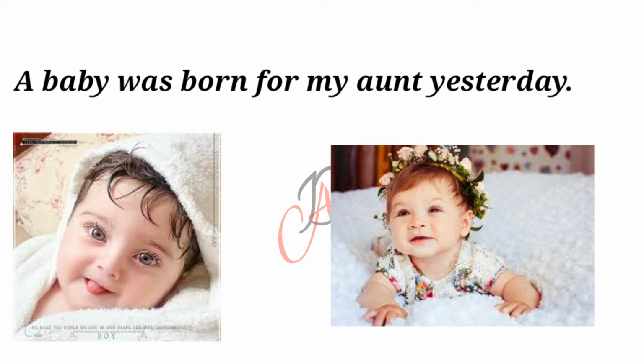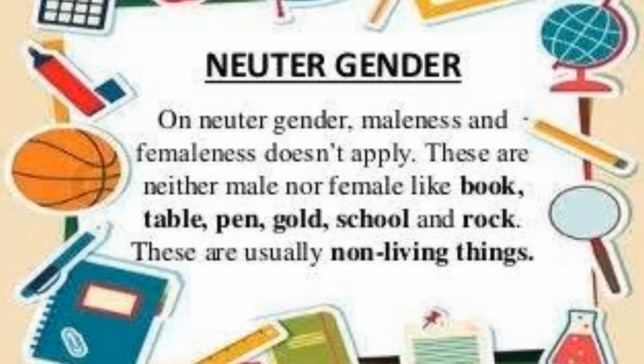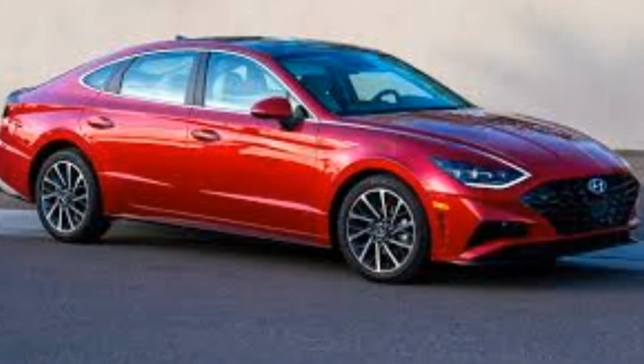Okay, let's move on to the last gender, that is neuter gender. A noun is said to be in the neuter gender if it refers to a member which is neither a male nor a female, that is, lifeless objects. Examples: pen, book, board, bike, car, and so on. Let's understand it in detail. I have a beautiful pen.